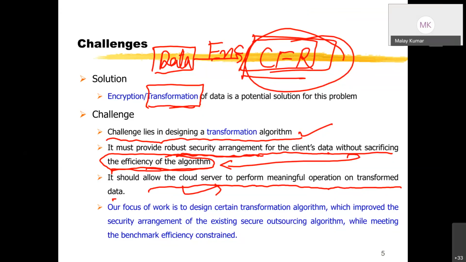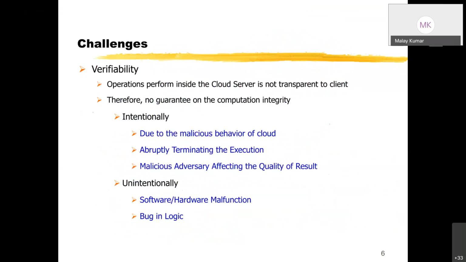Okay, let's move forward. And once you have performed the security, means you have designed a transformation algorithm, and it has a robust security arrangement, no other client or the cloud service provider or adversary is able to steal the confidential data. Okay, and now the cloud is performing the computation.